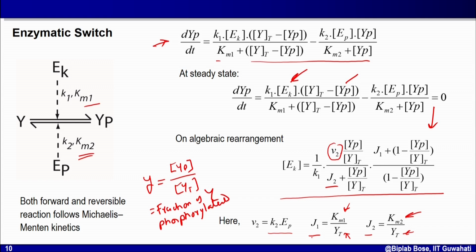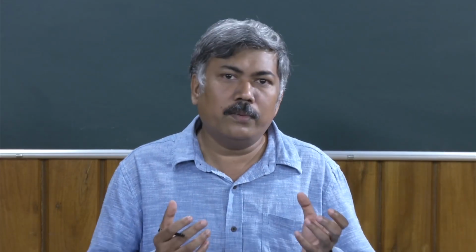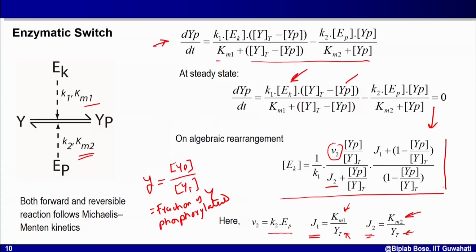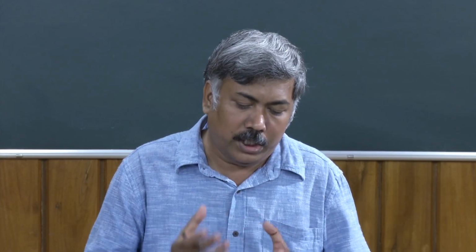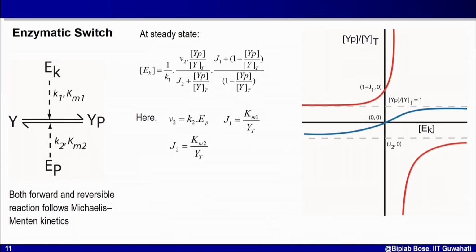This J1 and J2 will be crucial in our discussion. We have to keep in mind these are nothing but the ratio of the Michaelis-Menten constant and the total amount of the substrate, that is Yt. So I have an algebraic relation giving Ek on the left hand side, and Yp by Yt, that is the fraction of phosphorylated protein, on the right hand side, in terms of J1, J2 and V.